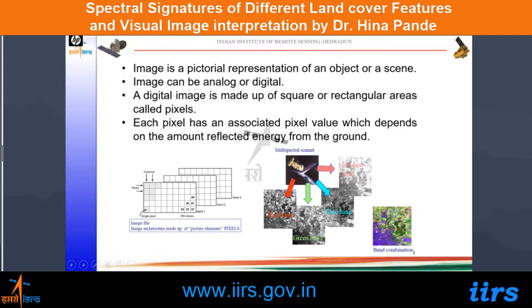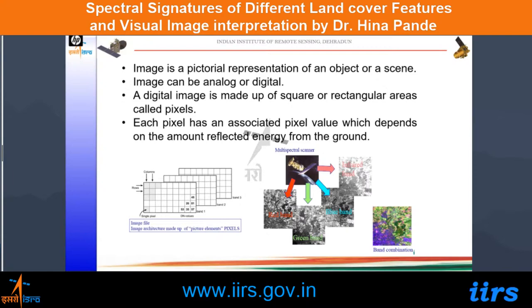Okay? Then, since we have multiple bands, while displaying on the digital screen, we know that the hardware for display systems will have only 3 color guns, that is the primary colors, red, green, and blue. So at one instance of time, we will be able to visualize or display only 3 bands, even though the image may consist of more bands.